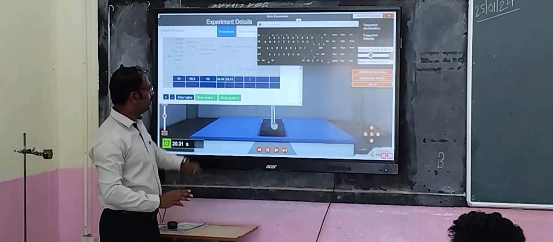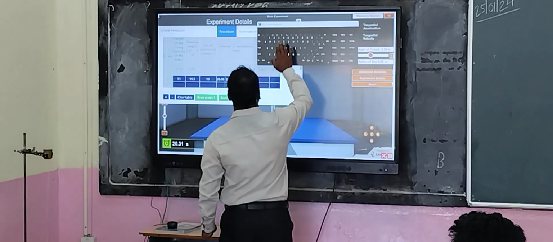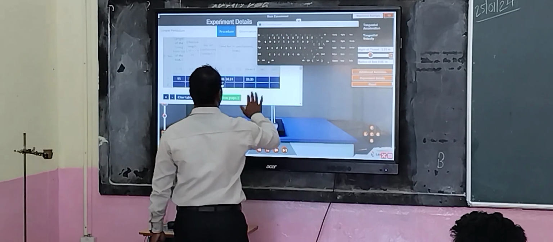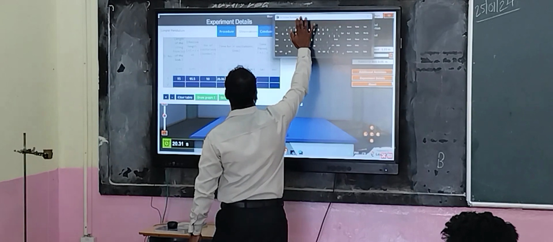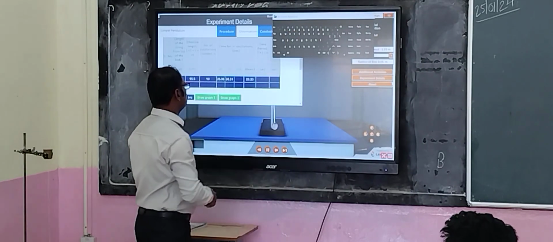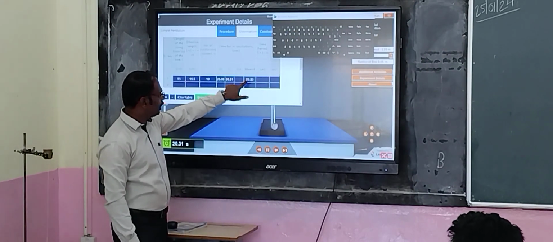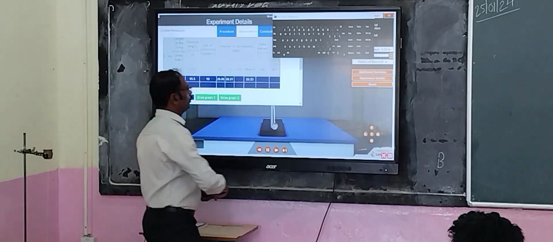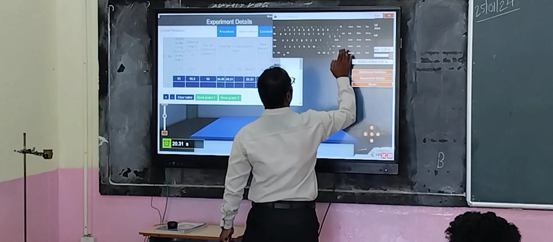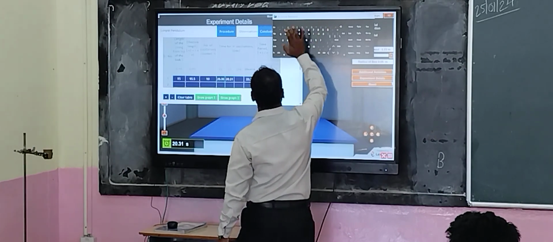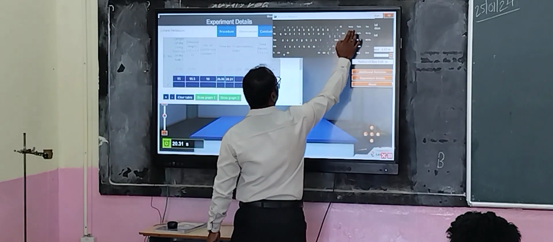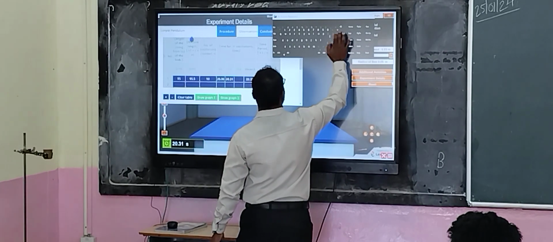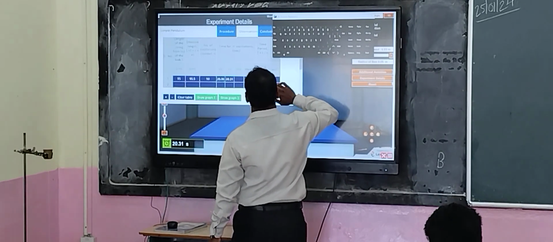Then what will be its mean value? That is 20.33. Okay. Then what is the time period? So we have to divide 20.33 by 10. So it will become 2.03. Okay.